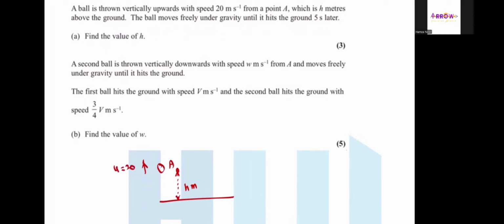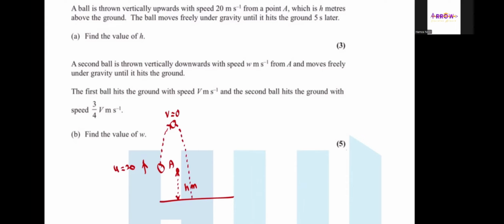After this, the ball will reach a maximum height at which the final velocity will be zero, after which the ball will change the direction of its motion.